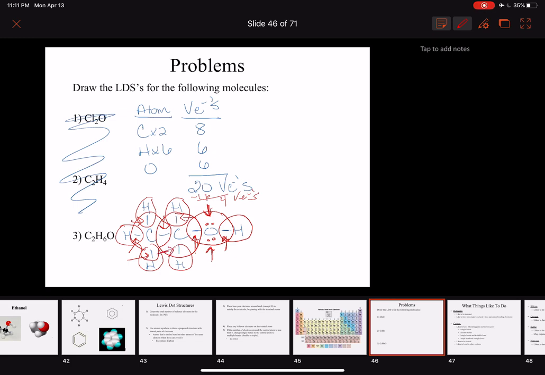Ding, ding, ding, ding. Okay, so just to draw that structure for you again, without all of the garbage in the way, there it is right there. And we saw this molecule before. This is ethanol, C2H6O. And ethanol has an isomer.